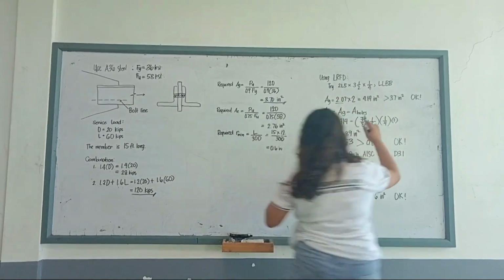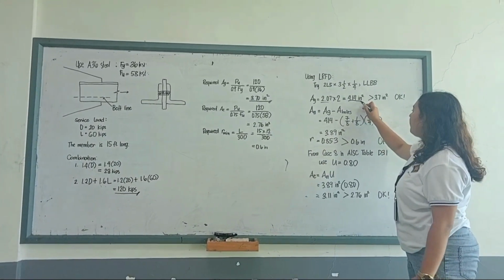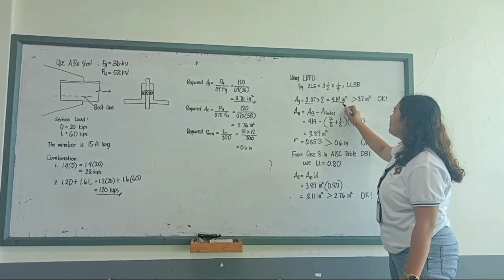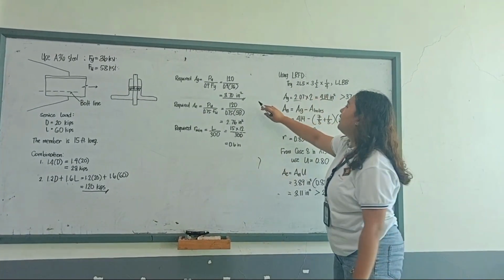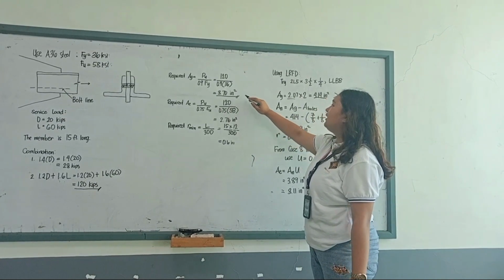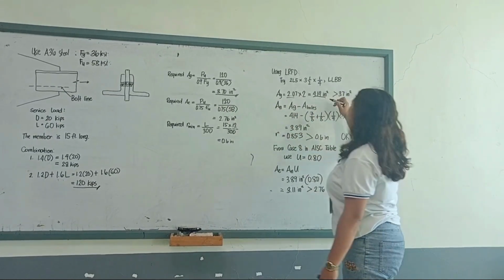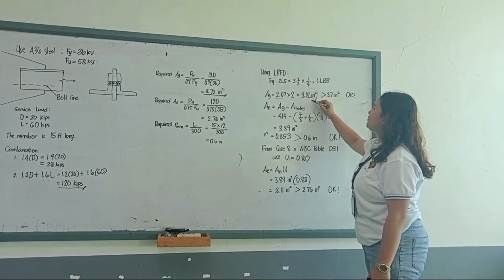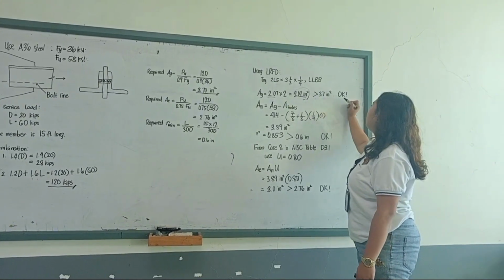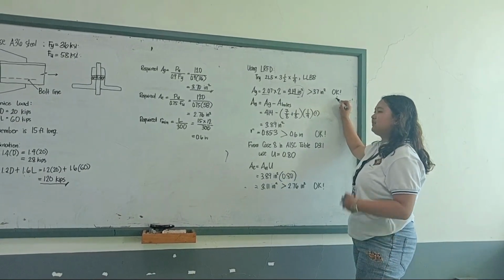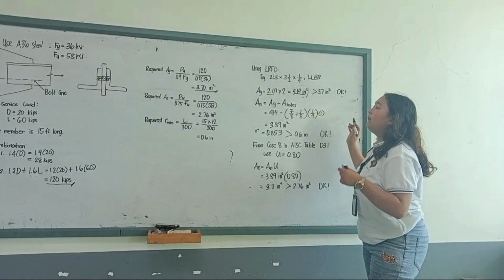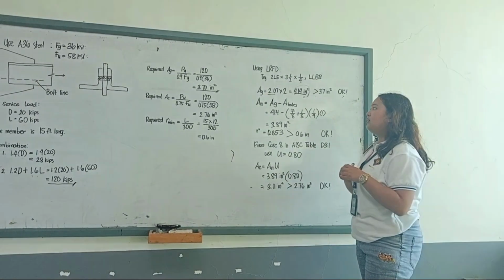We compare this to our required gross area of 3.7 square inch. The computed gross area is greater, so it is okay and satisfactory. It can resist the load.